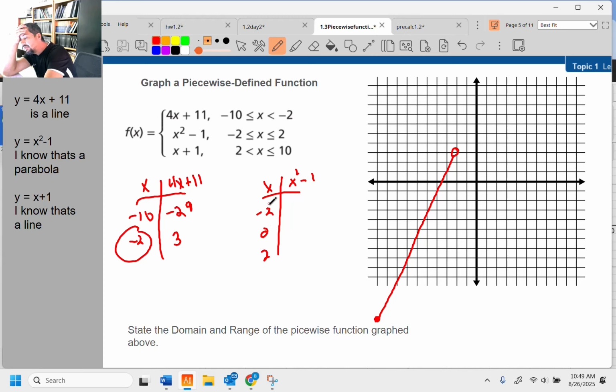So if I feed it a negative 2, a negative 2 squared is 4. 4 minus 1 is 3. If I feed it a 0, negative 1, which, by the way, is shifting, right? It fell 1. If I feed it 2, 4 minus 1 is 3, because parabolas have symmetry. Same on the left as they are on the right as far as y is concerned. Now, negative 2, 3 has already been declared open, but what's about to happen is the parabola is going to fill that hole.